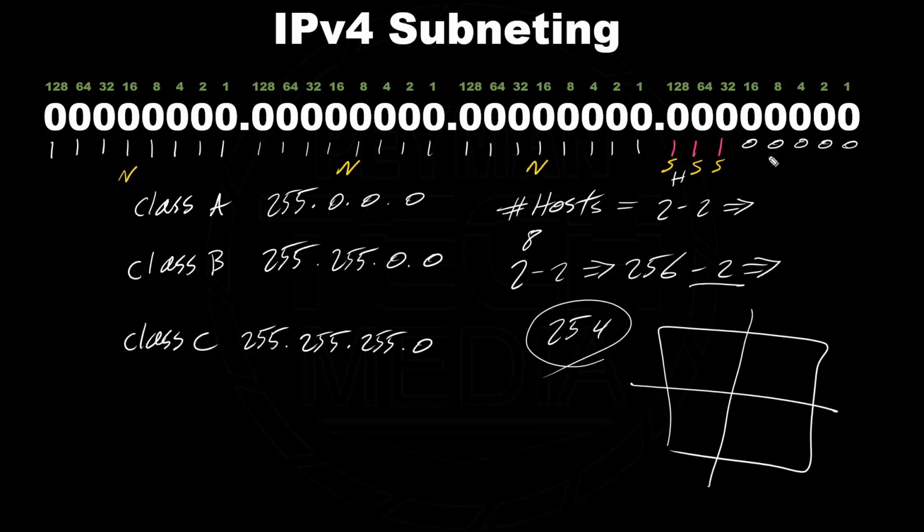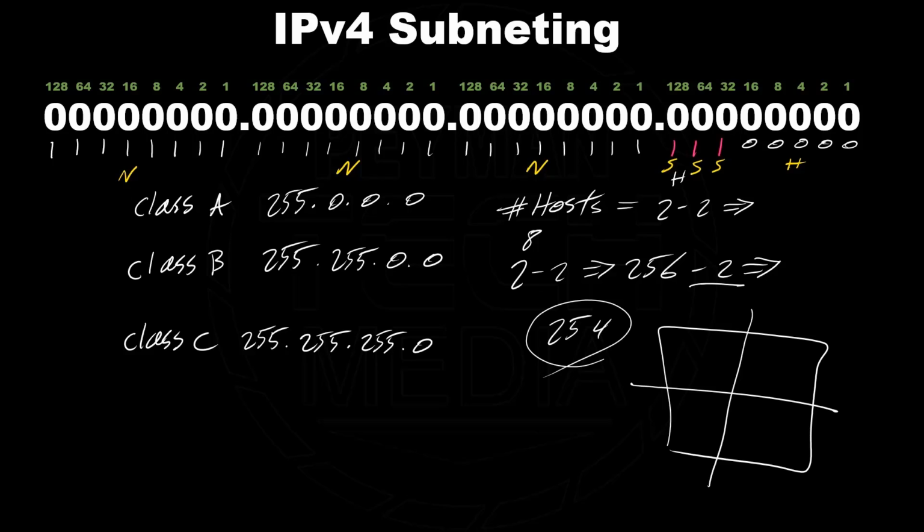And the zeros, these are our host bits. So in this case, we have 24 network bits, and that's the default subnet mask for class C. We borrowed 3 bits to be part of the network bits. We turned on these 3 bits from the host bits, and it goes from left to right. So here, 1, 2, 3. 3 bits we borrowed. This is just one example. And here we have 5 zeros, 5 host bits.